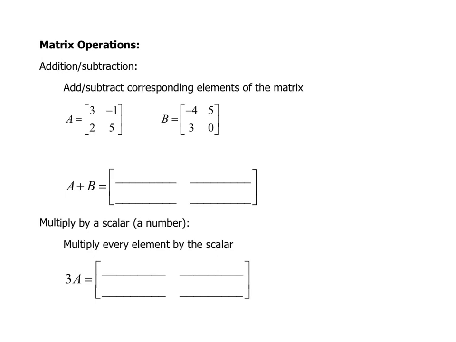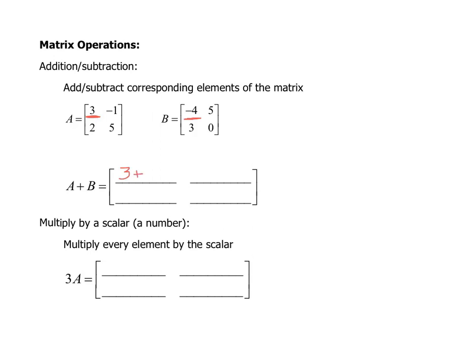Let's first look at what we mean by matrix operations. If we're trying to add or subtract two matrices, we're going to add or subtract the corresponding elements of the matrix. For instance, this element 3 here in matrix A is in the same spot as that -4. So when we're adding two matrices, we're going to add those corresponding elements.